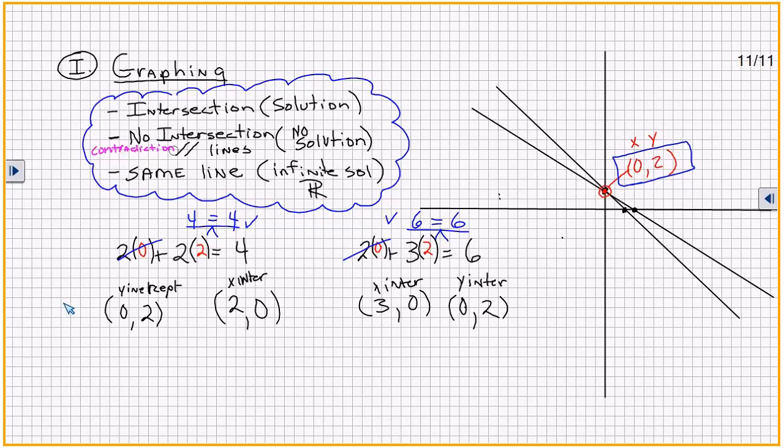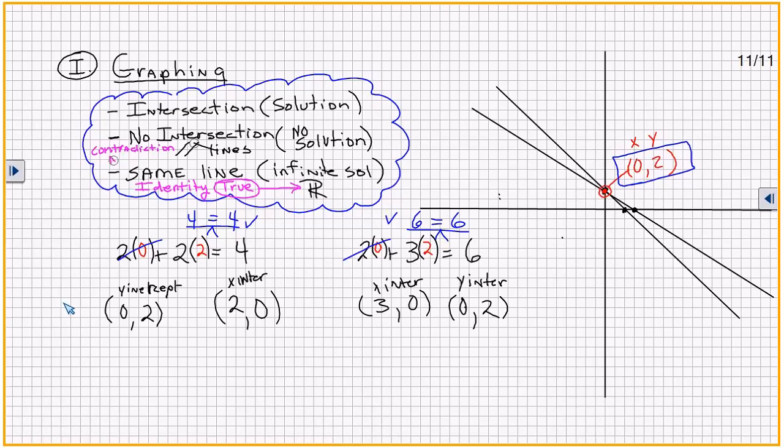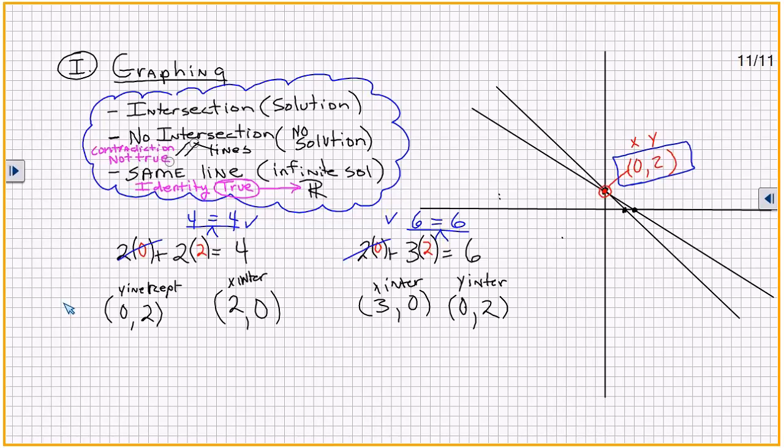You just do algebra, and you will get a contradiction with the untrue statement, and that would be no solution. Here, you would get the identity, which is a true statement. So true gives you all real numbers. Not true, like 4 is equal to 8, is a contradiction and gives you no solution.